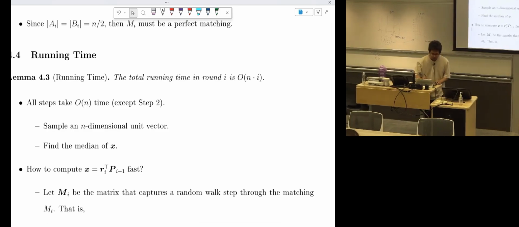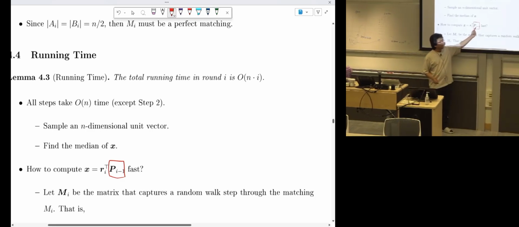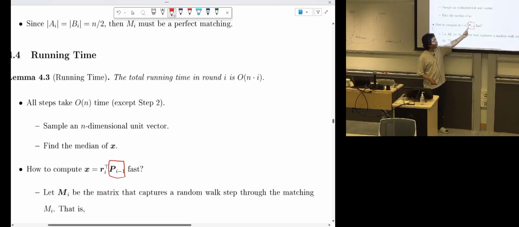To do this, we're going to look at the structure of pi_{i-1} more carefully. What we want is not to write down pi_{i-1} explicitly. We just want to multiply some vector by pi_{i-1}. And if you want to multiply some vector by pi_{i-1}, you can do it fast.